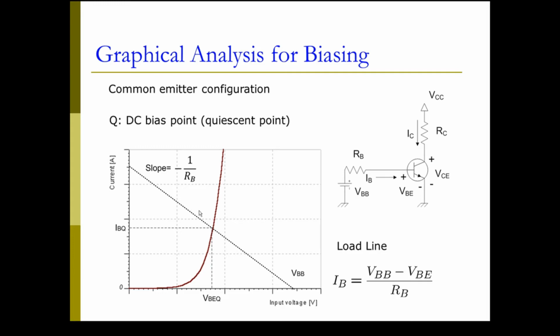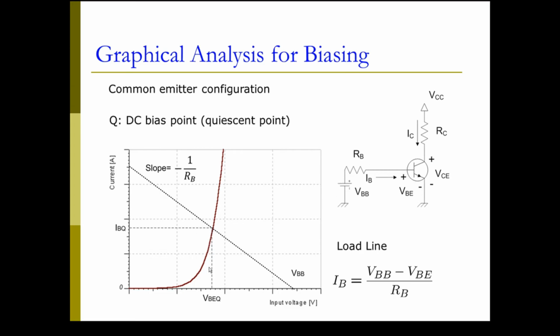Now this load line will have an intersection point with the DC characteristics of the diode, or the EBJ here. Now this point will determine our working point, which means only this point will allow this loop to work, right? This loop only works at this point.